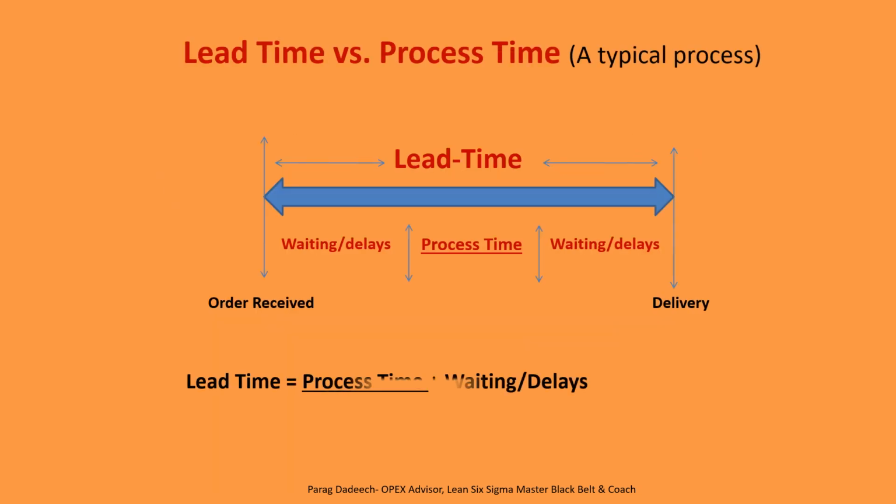Before we get into the value stream map, there is one more concept I would like to explain, and that is lead time and process time. Lead time is the total end-to-end time. That is, it measures the time elapsed from order received till delivery. It measures your process operation from a customer's perspective.